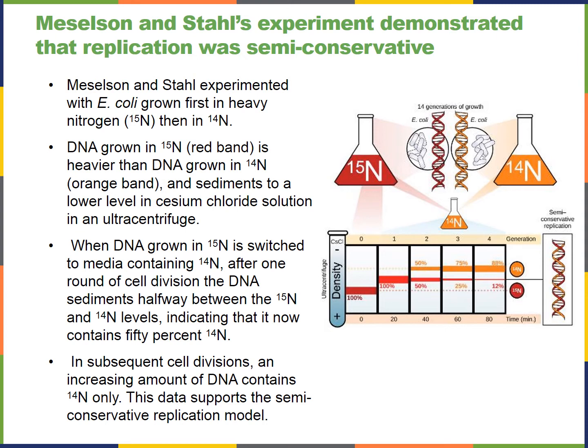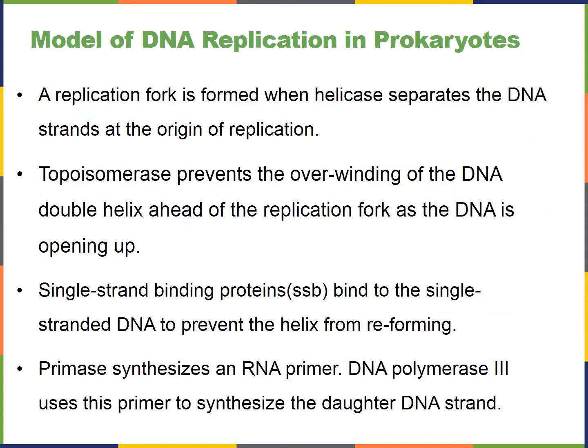The DNA harvested from cells grown for 2 generations in the nitrogen-14 formed 2 bands. One DNA band was at the intermediate position between 14 and 15, and the other corresponded to the band of nitrogen-14 DNA. These results could only be explained if DNA replicates in a semi-conservative manner, and for this reason, therefore, the other 2 models were ruled out.